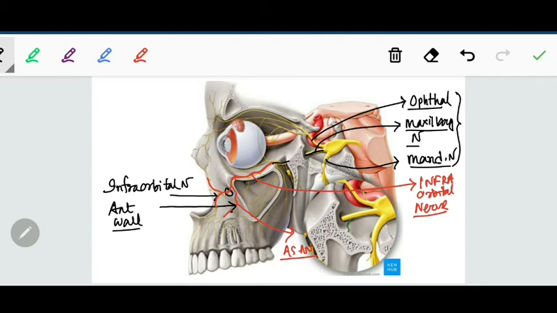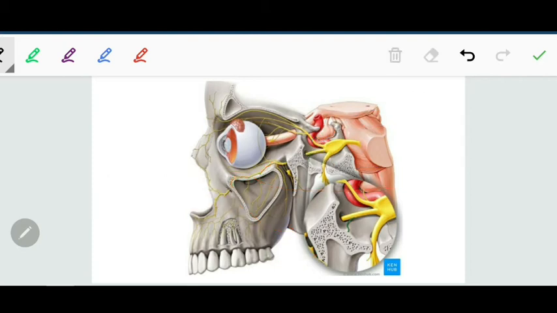I was on the anterior wall. So the anterior wall is formed by the anterior surface of the body of maxilla, and the posterior wall, which is lying opposite to the anterior wall, is formed by the infratemporal surface of maxilla.